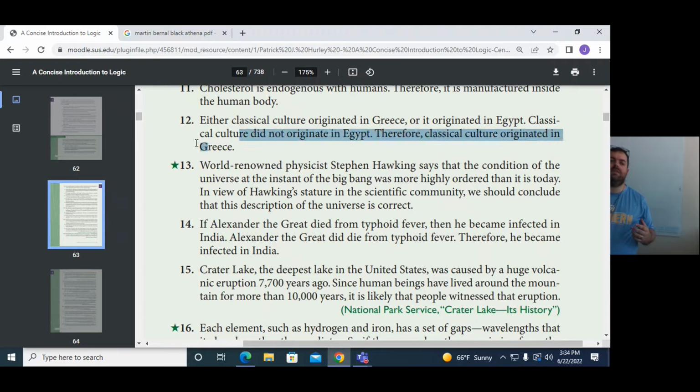This syllogism, this example right here, is an example of how in the humanities we have been very Eurocentric. Martin Bernal was one of the first to argue that actually a lot of philosophical concepts from Greece originate in Egypt. So if I were to go to the next section, I would say that this is a valid argument pattern, but it's unsound.